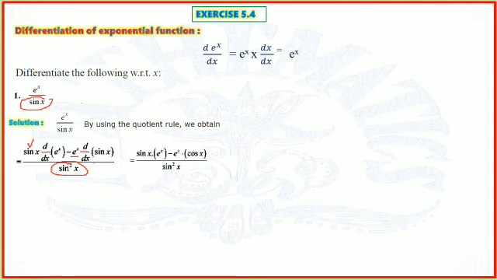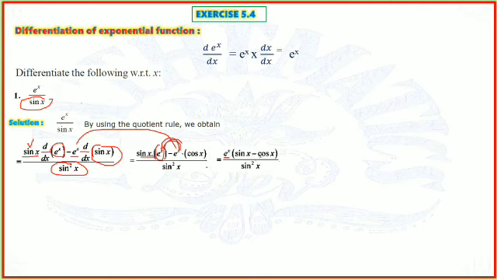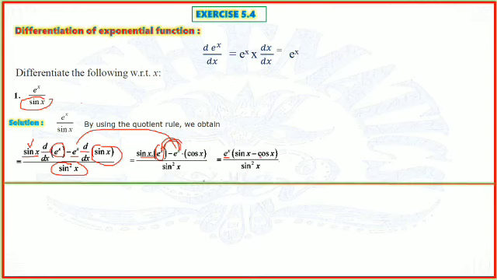So sine x outside, and the derivative of e power x is as it is, e power x, minus e to the power x as it is, into the derivative of sine x, which is cos x. Taking e to the power x common, and then sine x minus cos x upon sine square x. That's all about this question number 1.